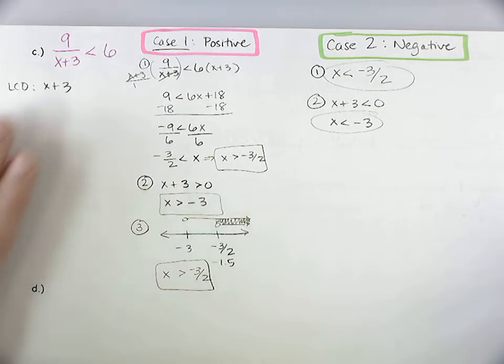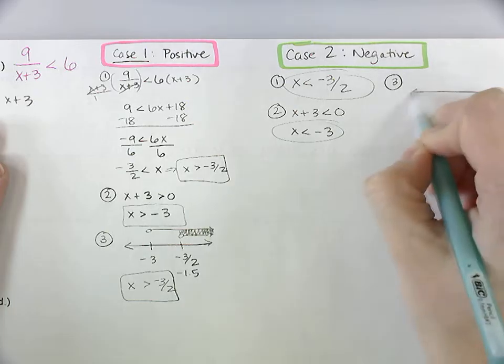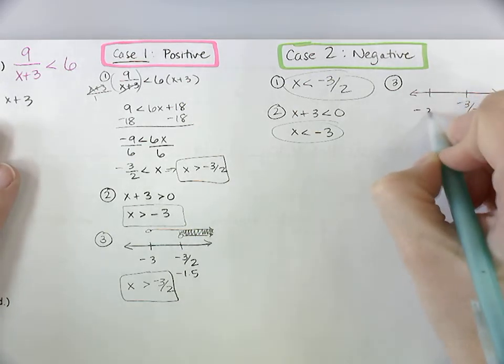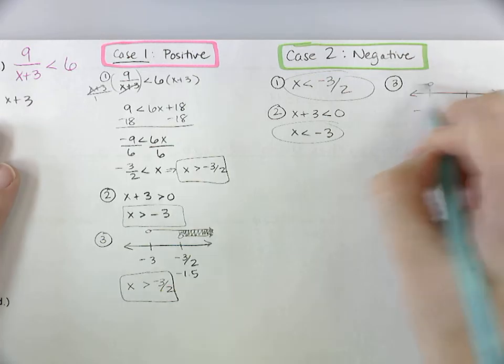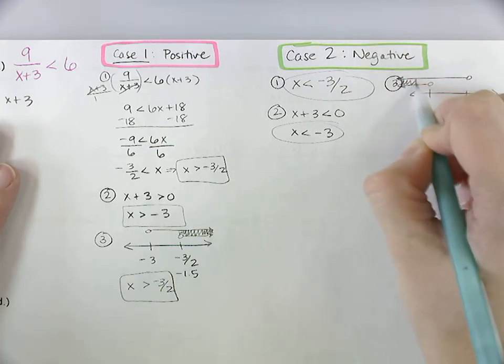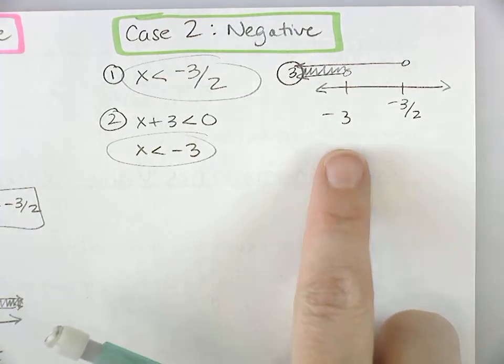So we have these two. For step 3, we're just going to find the overlap. Again, this is negative 3 over 2, and this is negative 3. If they're both less than, they're both going towards the left. Petroba, can you tell me what that equation is going to be?